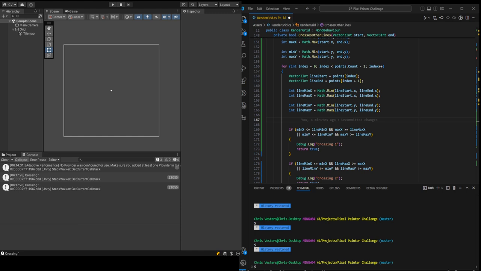Therefore, calculating if it intersects is as follows. This is a really interesting solution actually.